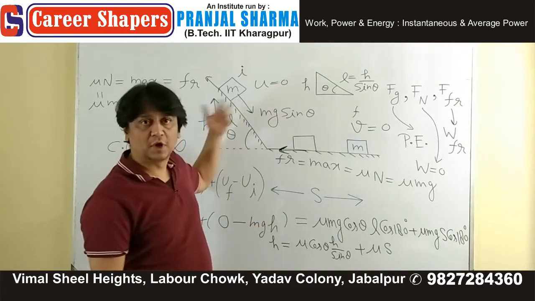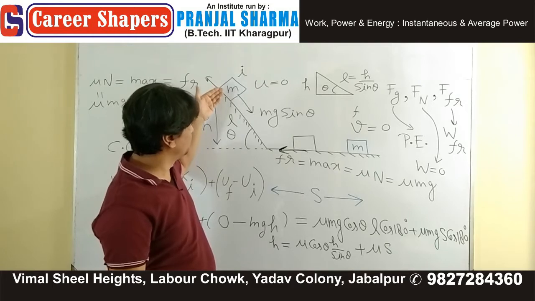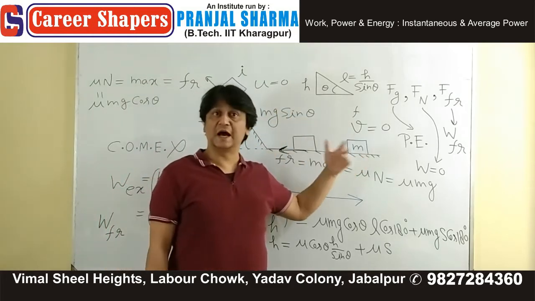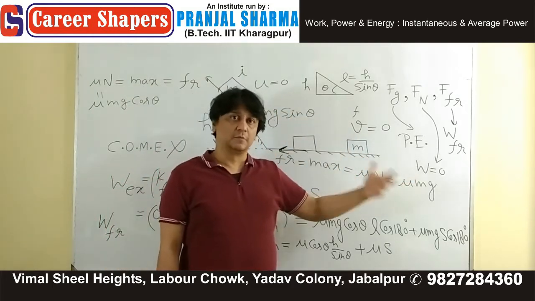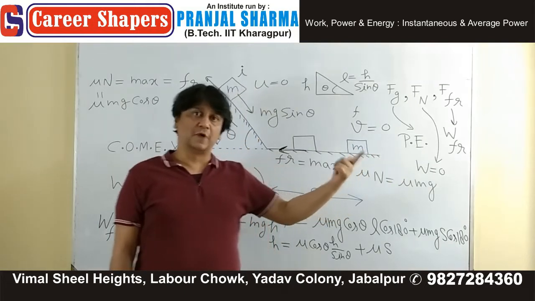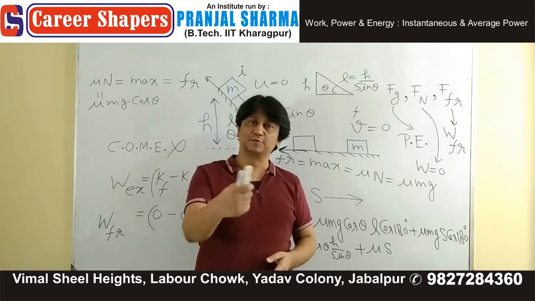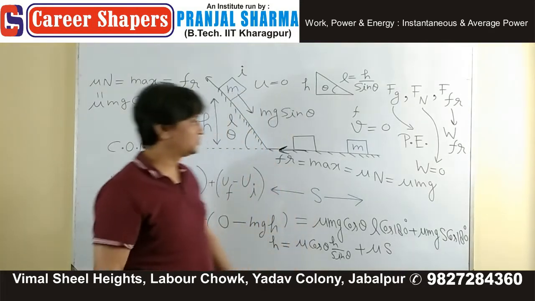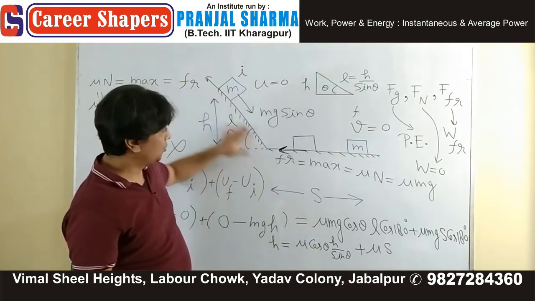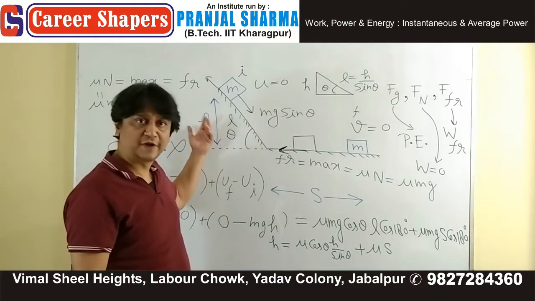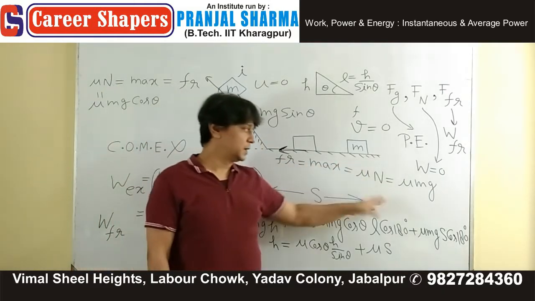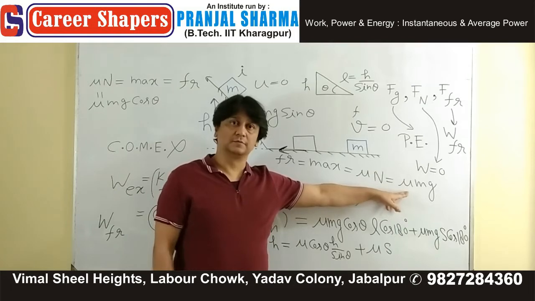We cannot find work done by friction from this position to this position directly, because when we use force dot displacement, force must be uniform. Force of friction is not uniform. Over here it has a different value, and over here it has another value.